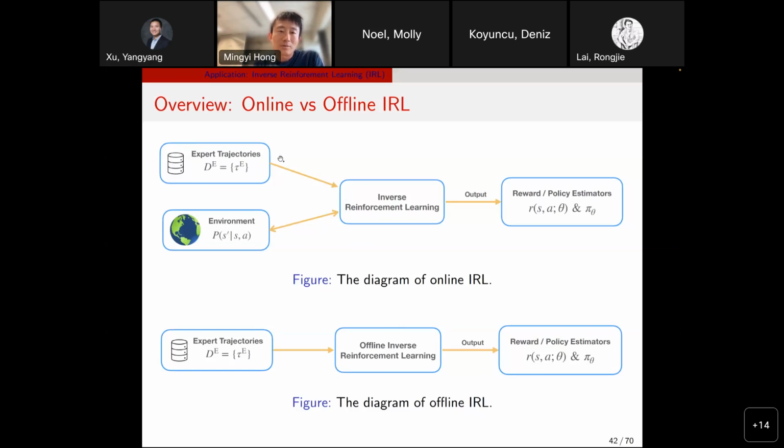The learner gets this trajectory, interacts with the environment, and tries to output a good policy saying what I should do at each turn, under each different condition, to drive the car from destination A to B. This is the online version of IRL, and we'll mostly focus on it. There's a more subtle version where you don't even have interaction with the environment, but we'll not talk about that.